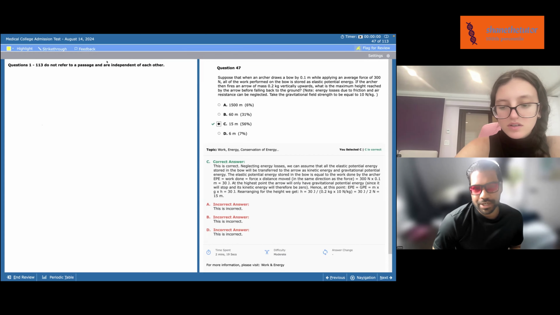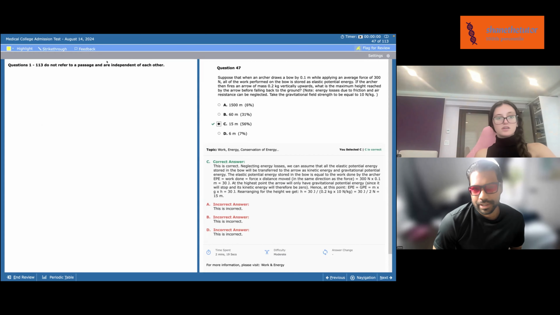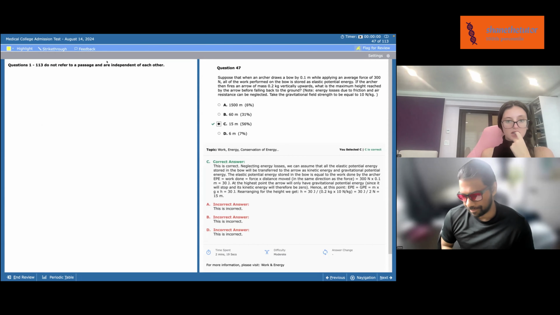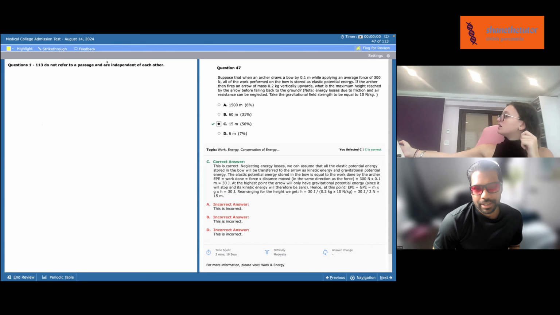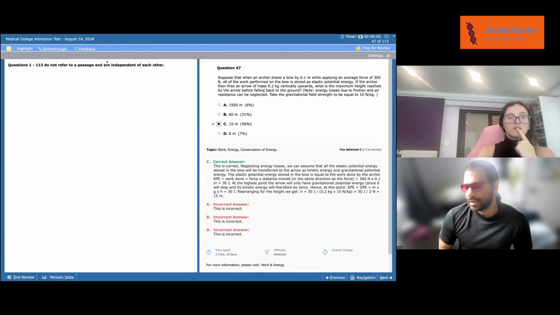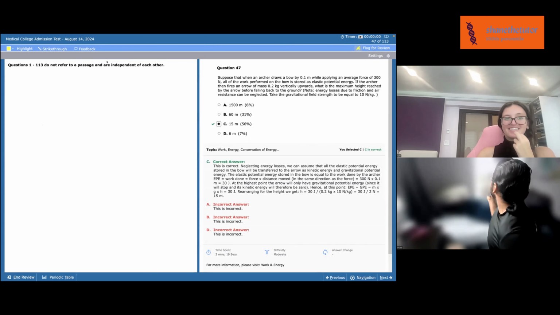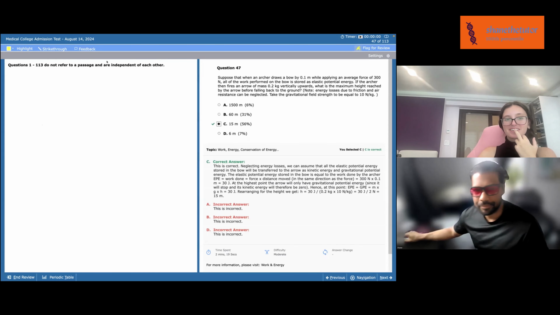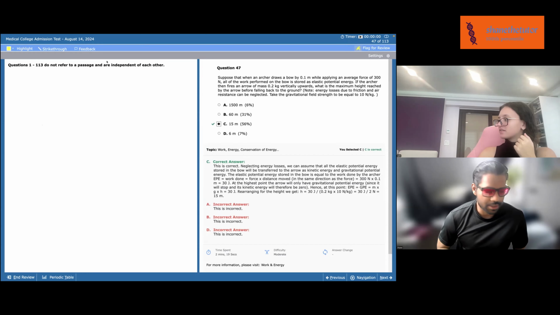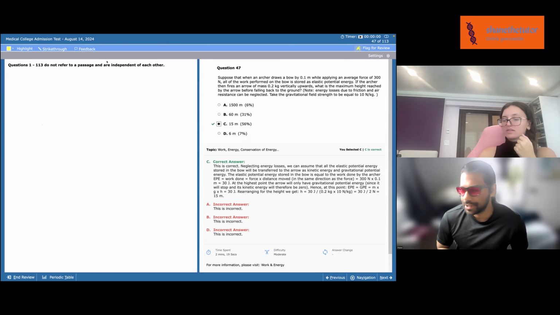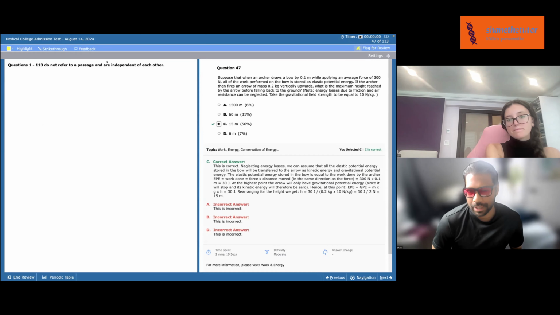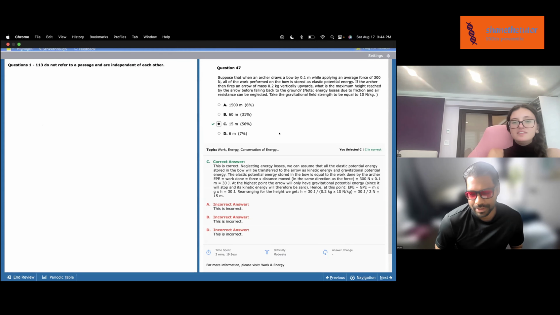Well, the only information we have about the arrow is the mass. Yeah. So you're thinking about kinematics formulas, which will help you figure out things like, if you have velocity, you can figure out acceleration, time, distance sometimes.